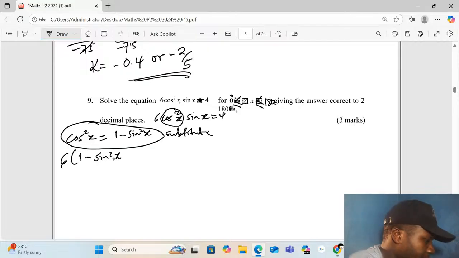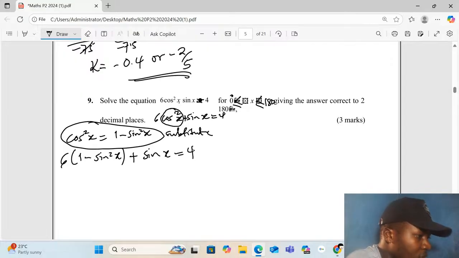Sin squared x. Then you add, now this one was plus, this is plus, here we have plus. So we add sin x, which is equal to 4. Now you can see we have sin alone.